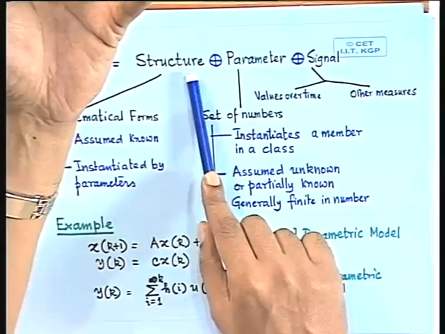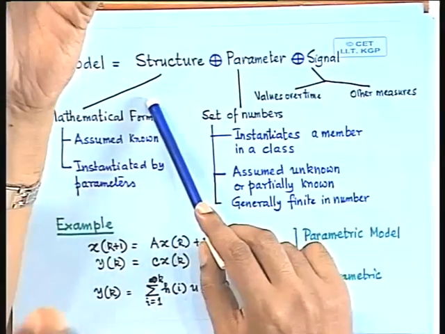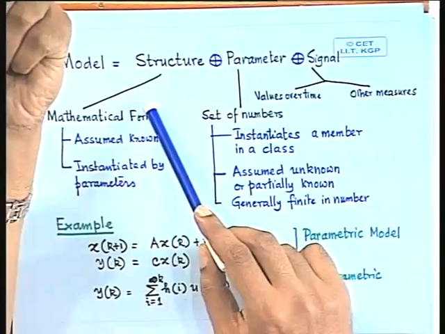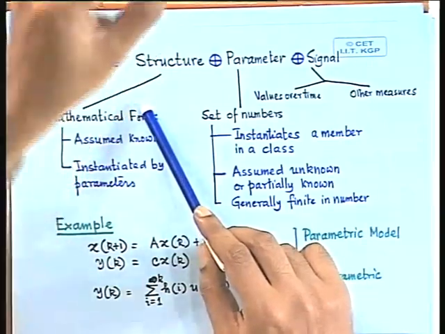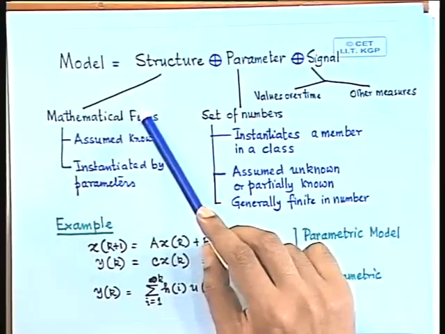Now in that bag you have to pick out a particular model. How is that characterized? In terms of the parameter values. This is a matrix. What are the exact element values in that matrix? They are called parameters. So a model set characterized by the mathematical form or structure is instantiated by the parameters. If you put the parameter values, you get a particular model of that structure.